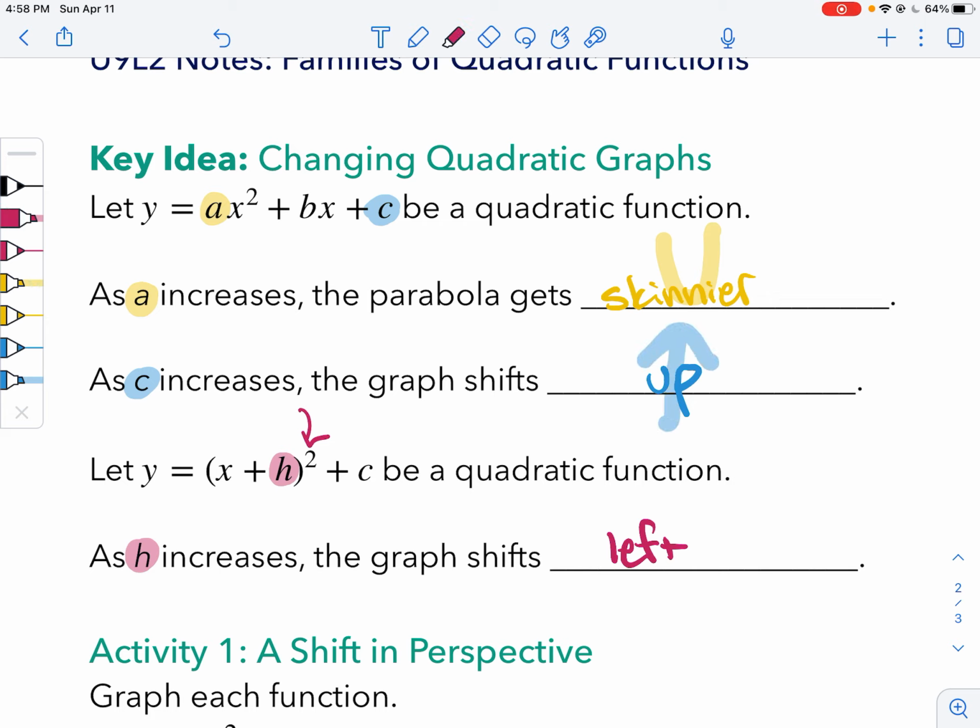So that would give us a parabola. Over 1 up 1, over 2 up 4.